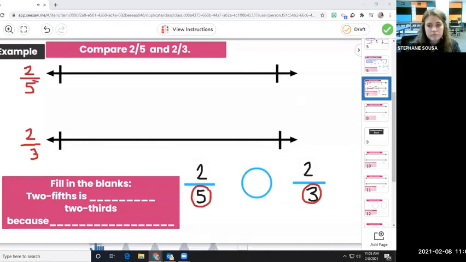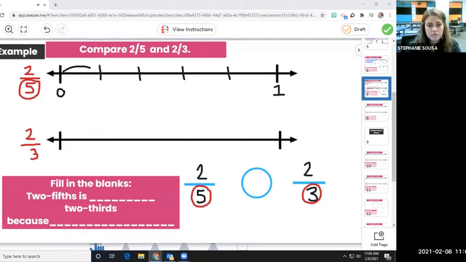First, I need to pay attention to my denominator and partition my number line correctly. I see that I need to cut this one into fifths, so I'm going to partition into fifths right now. My left tick mark is 0. My furthest right tick mark is 1 whole, and I have partitioned my number line into 5 equal spaces.